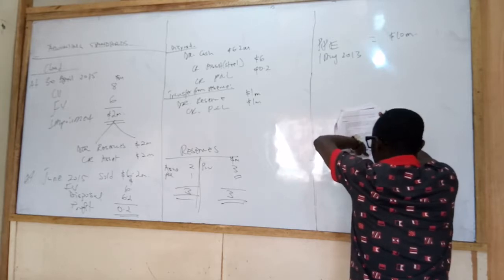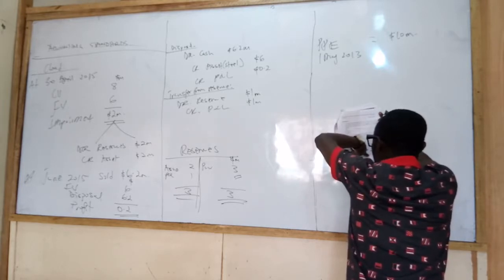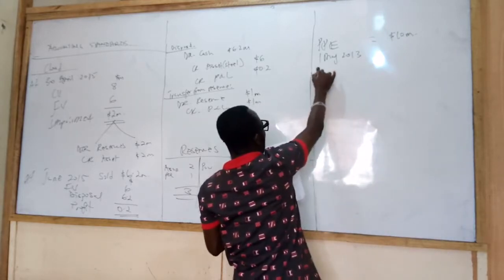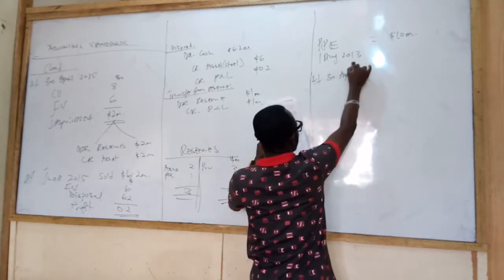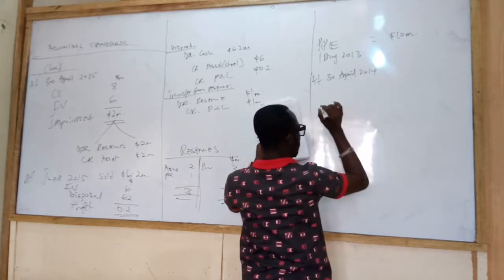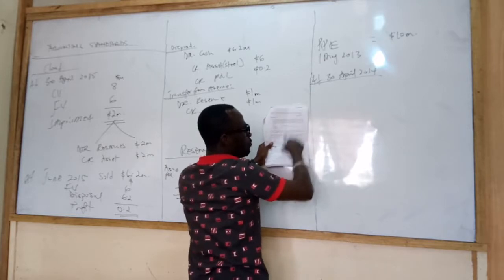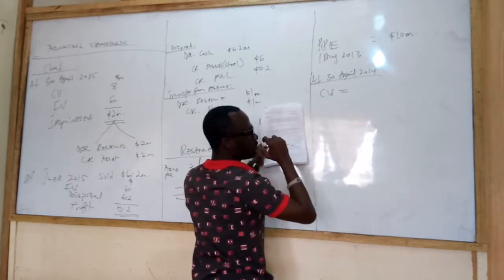Before we go any further, I want to find out what happened in that 1 year. At 30th April 2014, where the asset was revalued to 12 million, I want to know the carrying value.